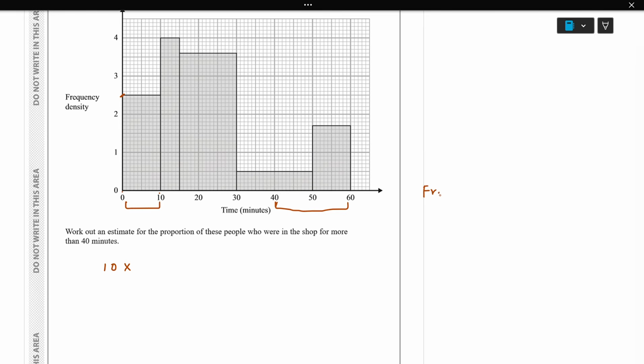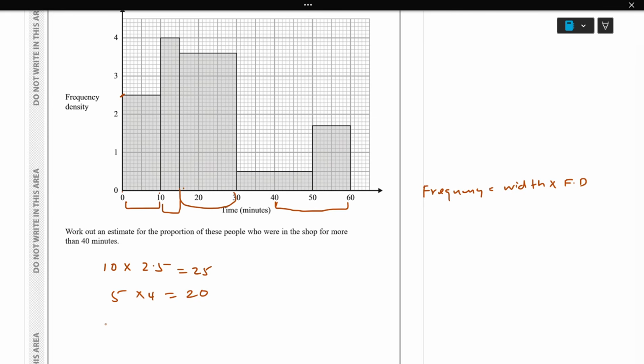first we calculate the entire thing. First 10 times the duration is 10, so the width is 10. So we are calculating frequency equal to width times frequency density. So 10 times 2.5, which is equal to 25.